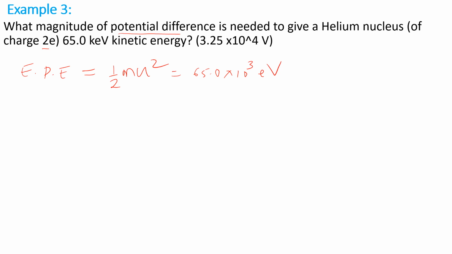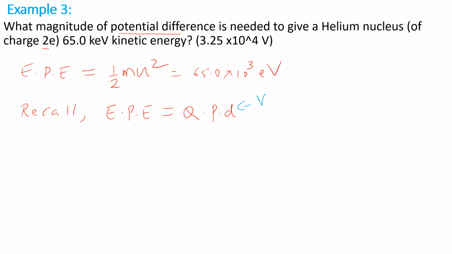We recall that the electric potential energy of a charged particle is equal to the charge multiplied by the potential, let's say times the PD. In this case the PD is denoted with V, so it's V that we are going to find.